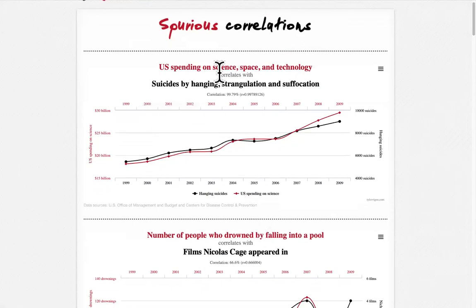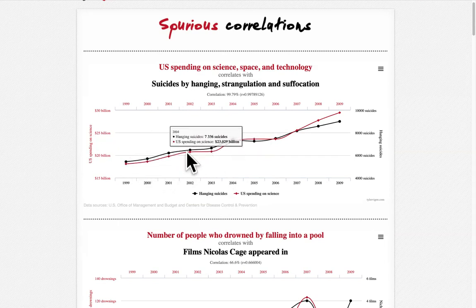So you see some very interesting correlations, but they are obviously not causation. For example, the first picture depicts the US spending on science, space, and technology versus hanging suicides in the US.